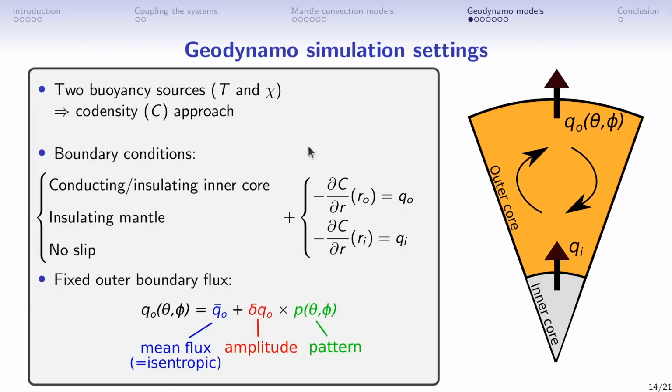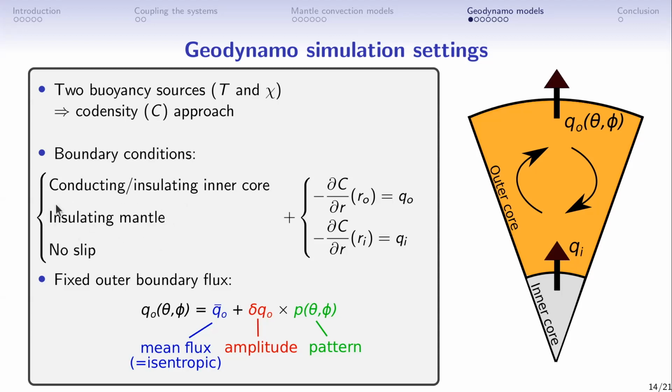So now I will talk about the geodynamo simulations. For these simulations, we use a codensity approach by combining the temperature and composition light element into a single variable. For the boundary conditions, we use a conducting inner core for most of the simulations and an insulating inner core for the most numerically demanding simulations.